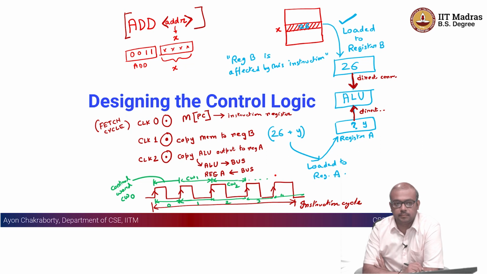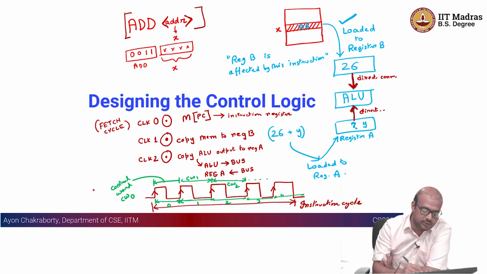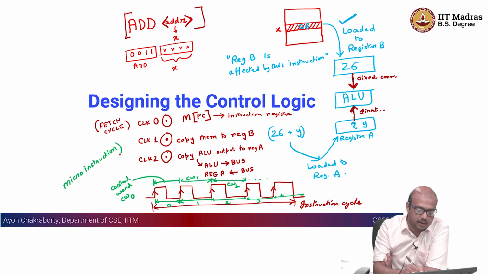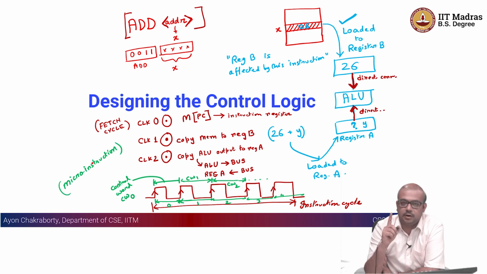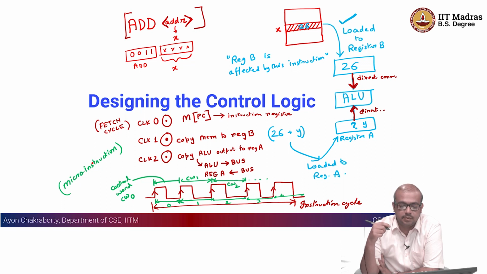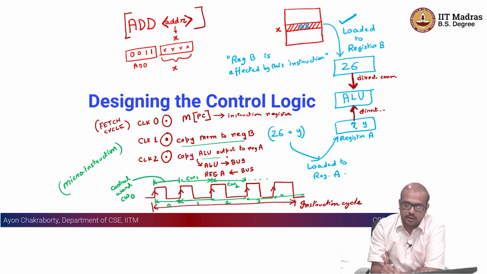Okay. So, as you can see, this control word, I would also use the more common term, micro instruction, to refer to the control word. Okay. Note that an instruction is executed when these micro instructions get executed. So, an instruction comprises a few micro instructions, right, and the micro instructions are something that we have kind of showed you here.